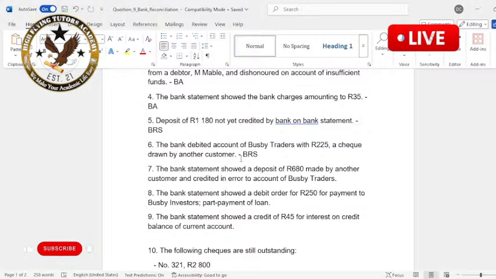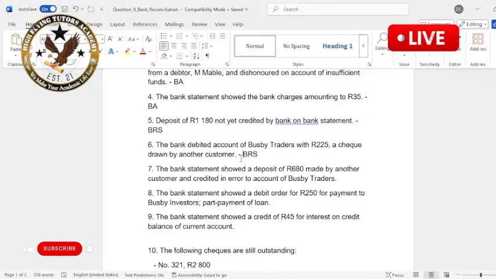In simple language, it means a payment of 225, a check drawn, so a check was withdrawn, or maybe payment was made by another customer. They were supposed to debit that customer in their bank account, not our account, but by error or by mistake they debited us.